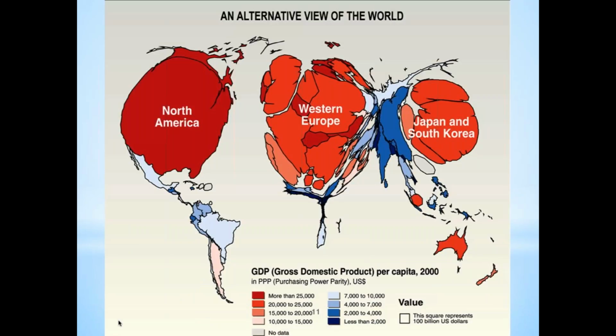So looking at an alternative view of the world, remember those other things that we saw show geographically the size of the countries, show in color the population density. If we were to say that the land area of a country is defined by its gross domestic product, here are the largest countries in the world.